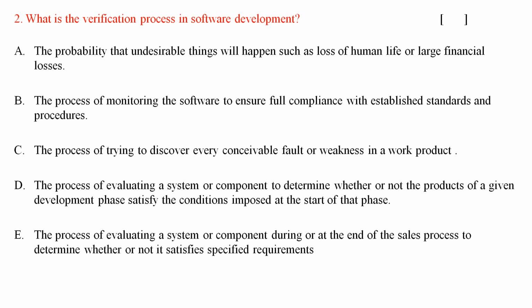The process of evaluating a system or a component to determine whether or not the products of a given development phase satisfy the conditions imposed at the start of that phase. The process of evaluating a system or a component during or at the end of the process to determine whether or not it satisfies the specified requirements. These are the 5 options.